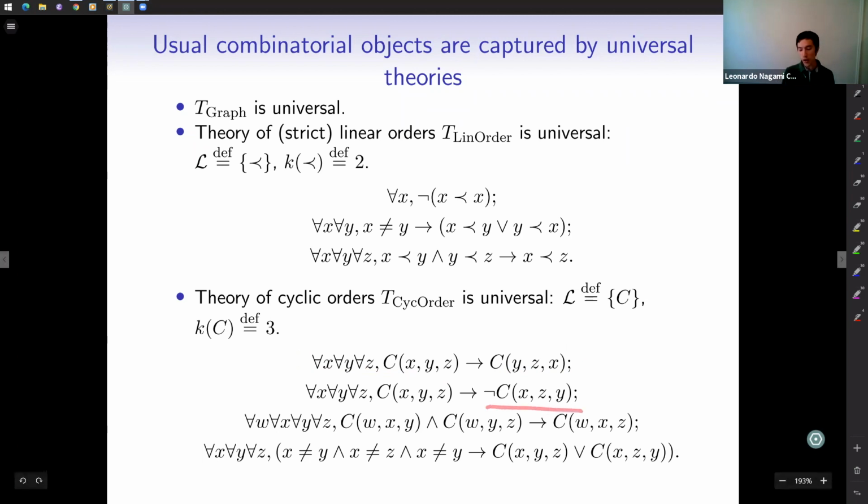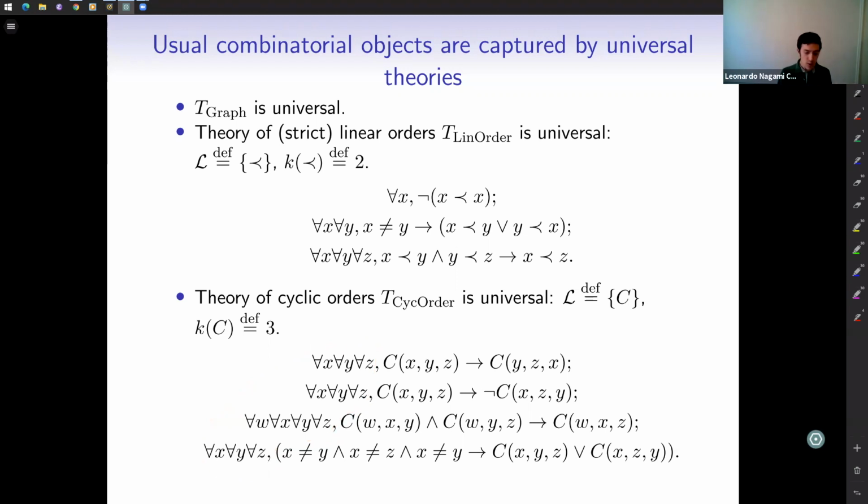If you swap them in a non-cyclic fashion, then it doesn't hold. This is the transitivity version of the cyclic order, and then you have the totality version of the cyclic order. But again, what's important here is not the axiomatization itself, but look at this, you only use a universal quantifier, so this is also a universal theory.